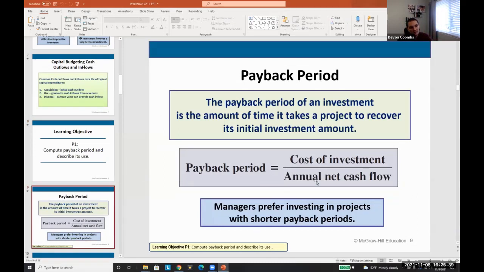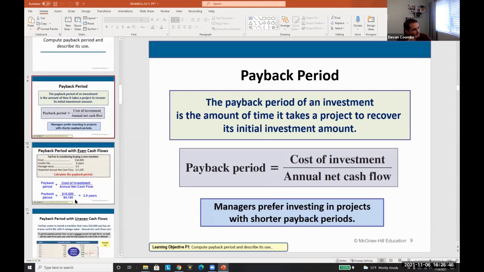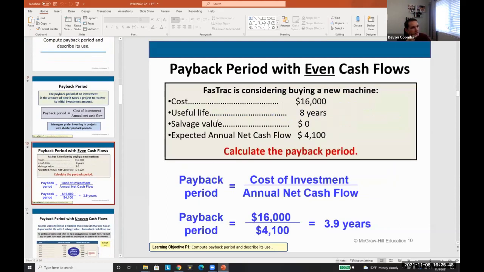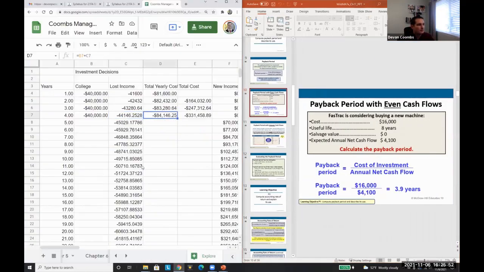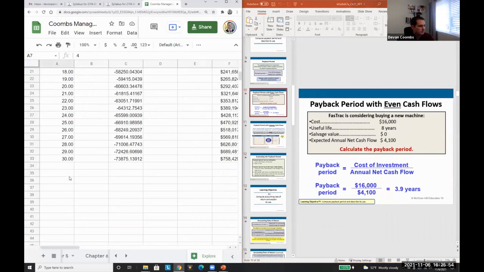The cost of the investment divided by the annual net cash flow is one way to calculate the payback period. So the payback period is equal to the cost of investment divided by annual net cash flow.